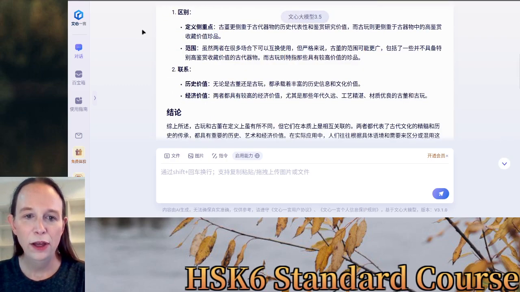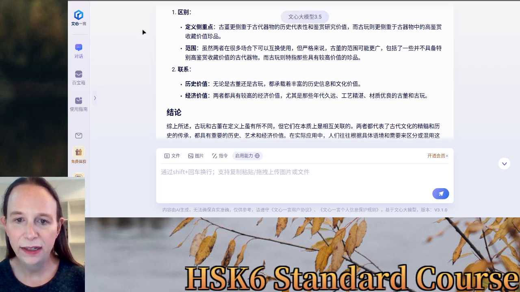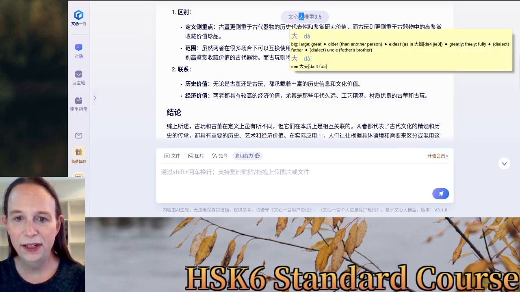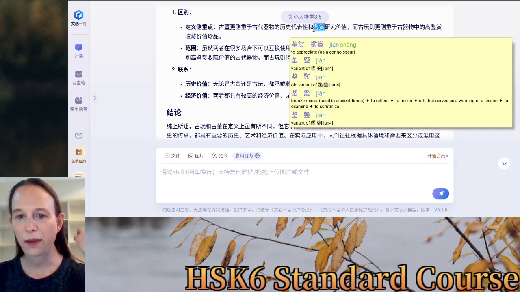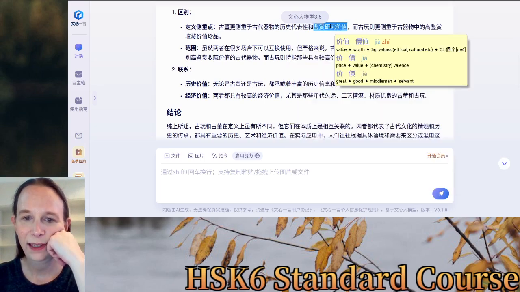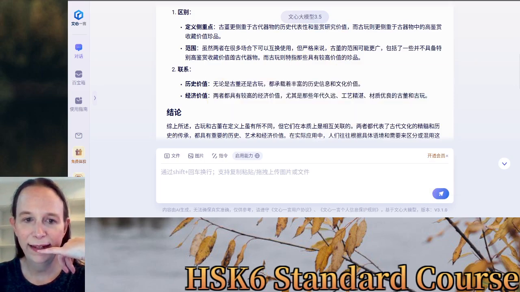定义侧重点，古董更侧重于古代器物的历史代表性和鉴赏研究价值。鉴赏, appreciation, research value. Why is it 研究呢？All right.